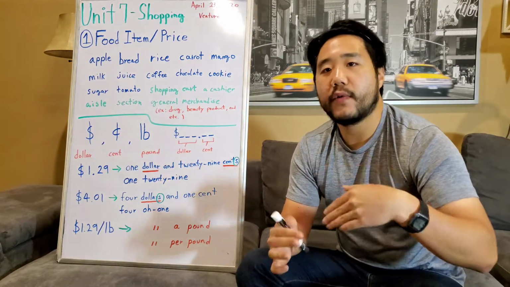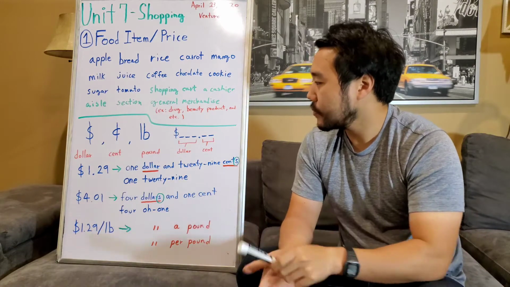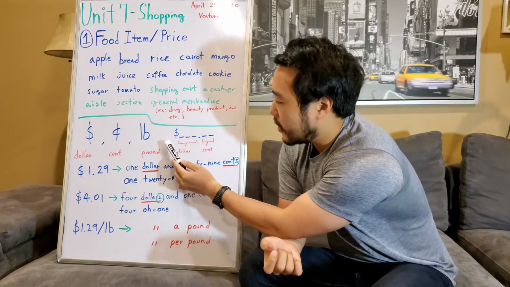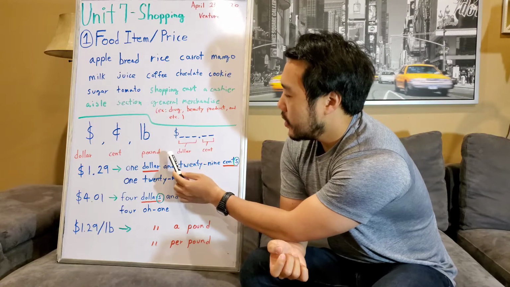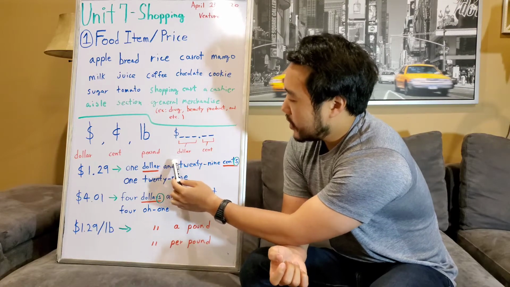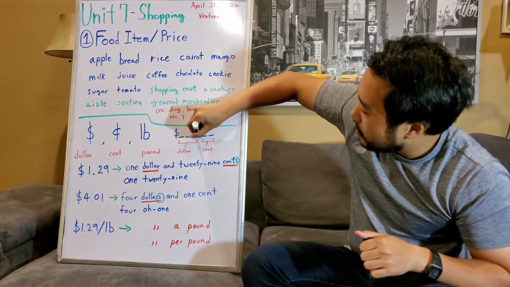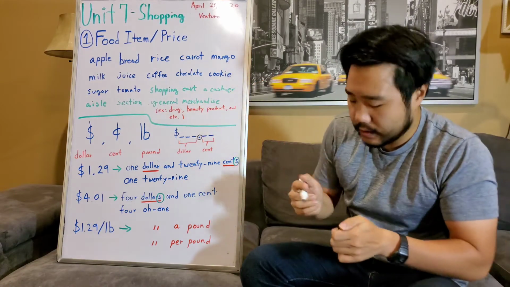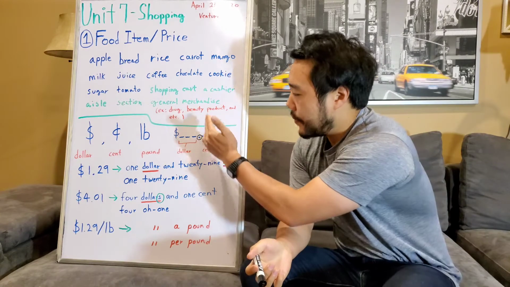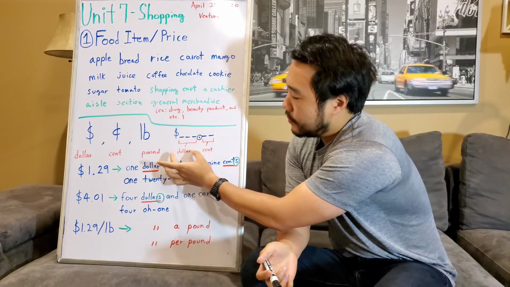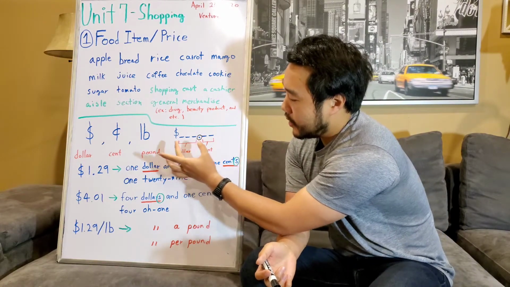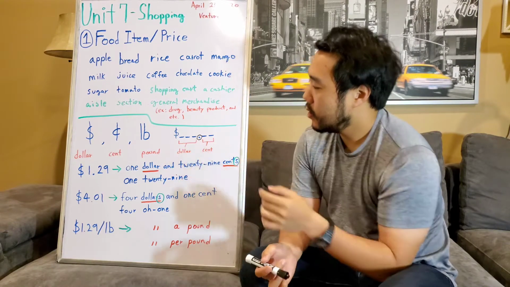In general form, we usually have a dollar sign here, and then we have the dollars in this section. Here I have a period right here. This shows where the dollar stops and where the cent begins.